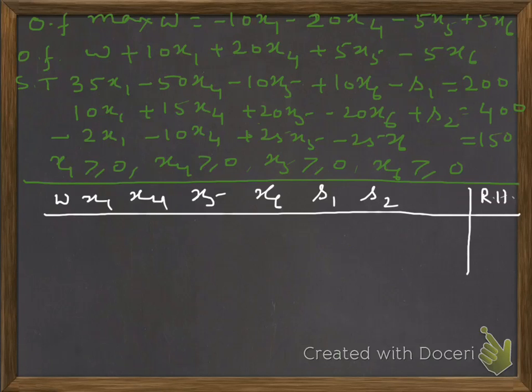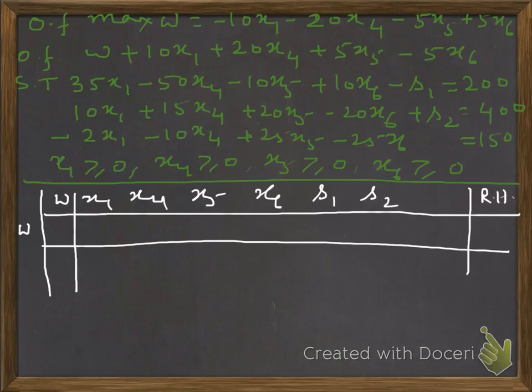And we will have basis in which the first w line will be there anyway. And we need basic variables from the three constraints.